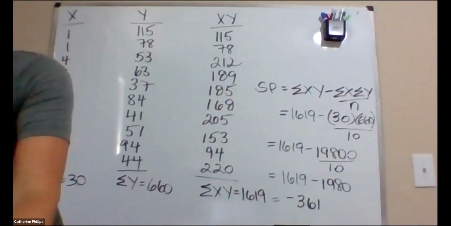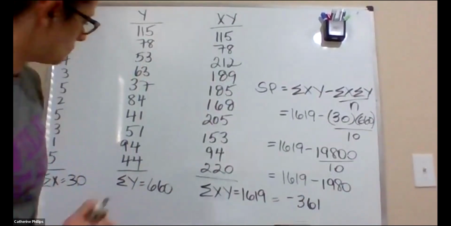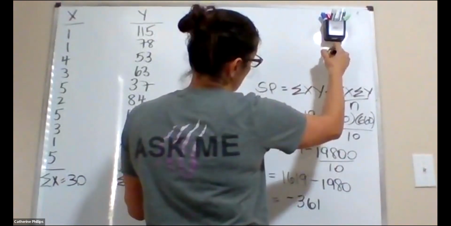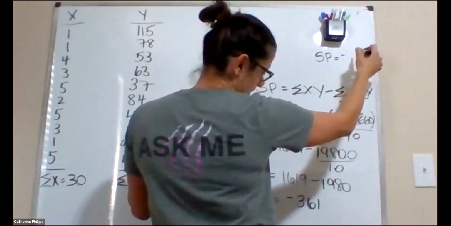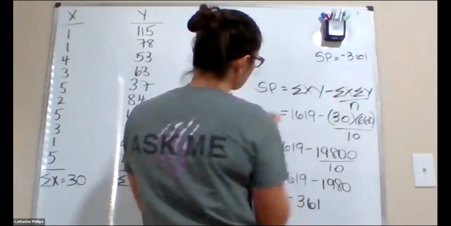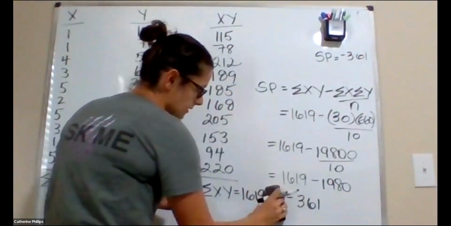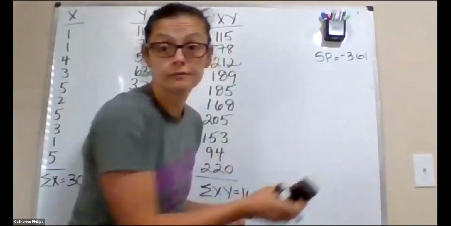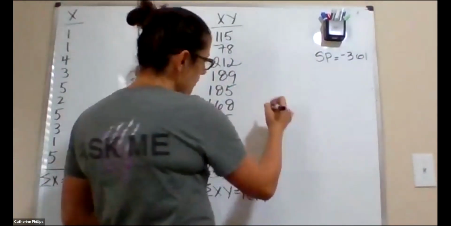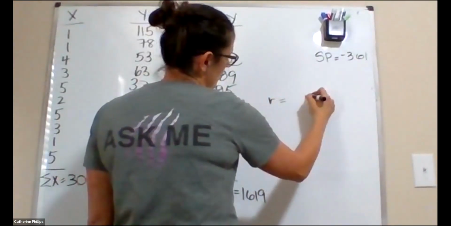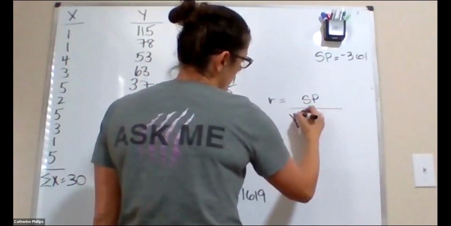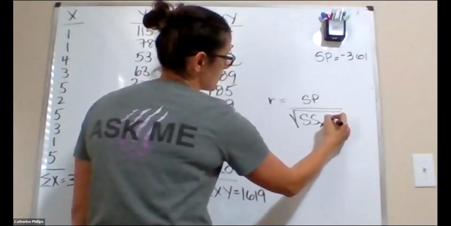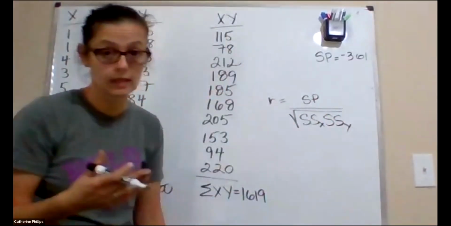Okay. So we now have our sum of products. And I'm going to write that up here because I need more space on my board. So the sum of products is negative 361. And that makes sense. We are looking for a negative correlation, right? So the correlation r is the sum of products divided by the square root of the sum of squares of X, which we now need to calculate, times the sum of squares Y, which we also need to calculate.